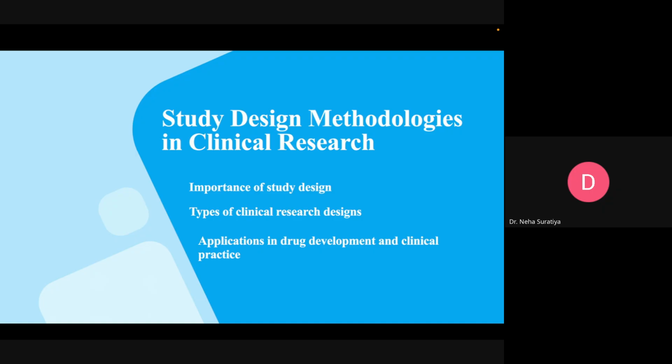Also, we'll understand the clinical applications of each of the studies, and how the researcher chooses the best design for a research question. That is very important. You may think, yes, I know the types of study, but how can I decide what is the best design for my study, right? So lastly we'll discuss the clues to identify the best design for the research.